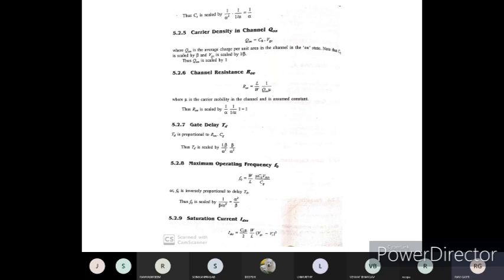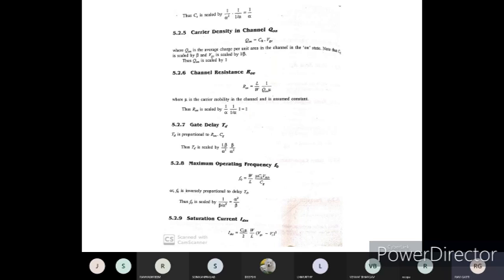The next one is carrier density in channel. We represent the carrier density in channel in terms of Q on. This Q on is nothing but Co into VGS. We know that Co is 1 by beta, and VGS is a voltage, so it is scaled by 1 by beta.